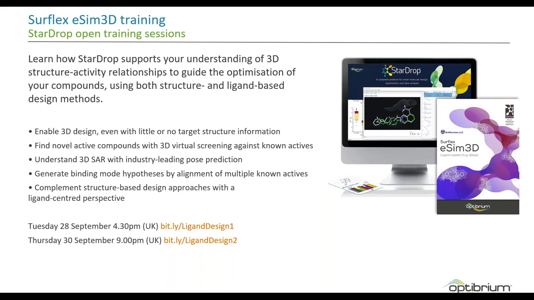And one thing we could do is pre-calculate the databases for, say, Enamine REAL or the ZINC lead-like, and it would not be hard to extend the StarDrop interface to provide users with a pull down to say, hey, can I screen Enamine REAL, these 2.1 million compounds, against this particular binding site hypothesis or crystal structure.